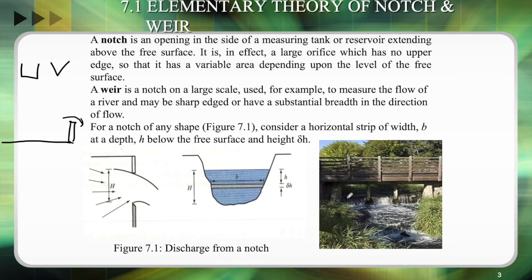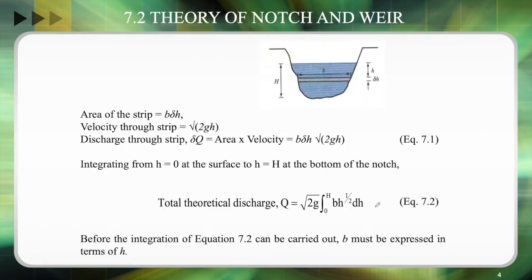Then it blocks the water at a certain level. It will flow out like this, and it will maintain the same amount of water in that lake.